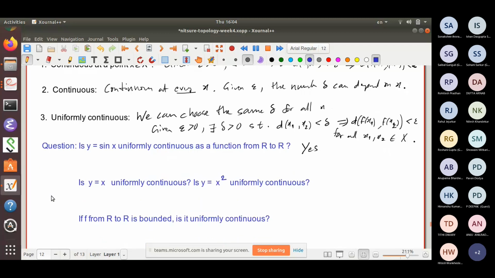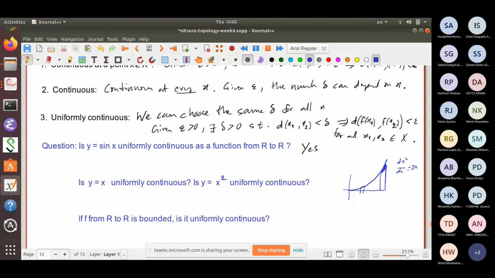No, sure. Why not? Sir, it will be uniformly continuous on any closed interval, but not on R. Right. On a bounded closed interval, yes, but on R what happens? So let's look at the picture of this. Within the same interval, here it is increasing somewhat, and within that same interval, here it is increasing a lot. How fast is it increasing? That's the derivative: d(x square)/dx equals 2x.